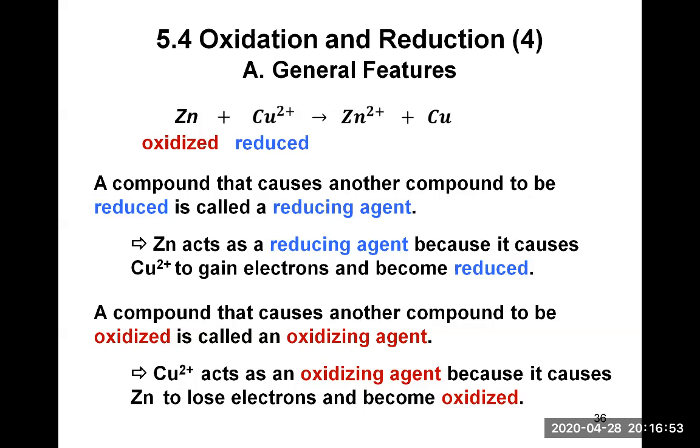Copper 2+, watch out, it's not copper, it's copper 2+, the ion, that is being reduced. And when it becomes reduced, it causes the oxidation of the other species, which is the zinc. And zinc then gets oxidized. So that's why Cu2+ is the oxidizing agent here.